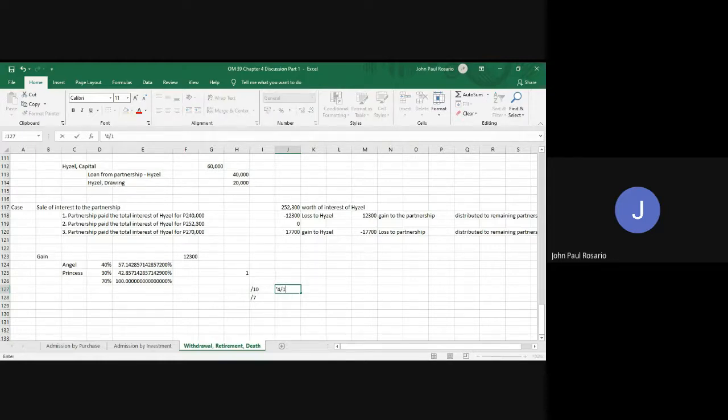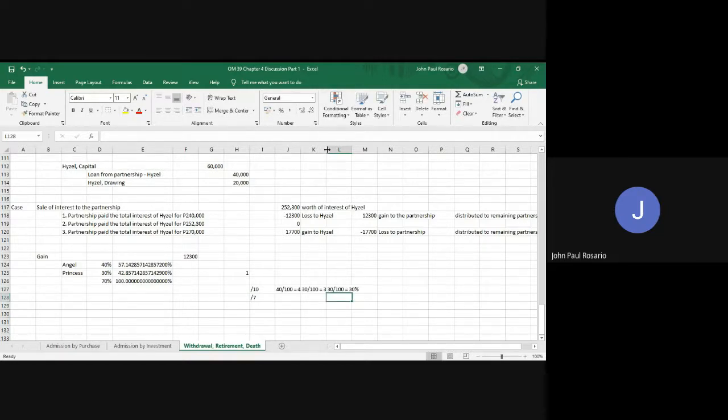So, 4 over 10, which is equal to 40%. And then ang kang Princess is 3 over 10, which is equal to 30%. And then ang kang Hazel is 3 over 10 yapon, or 30 over 100, which is equal to 30%.